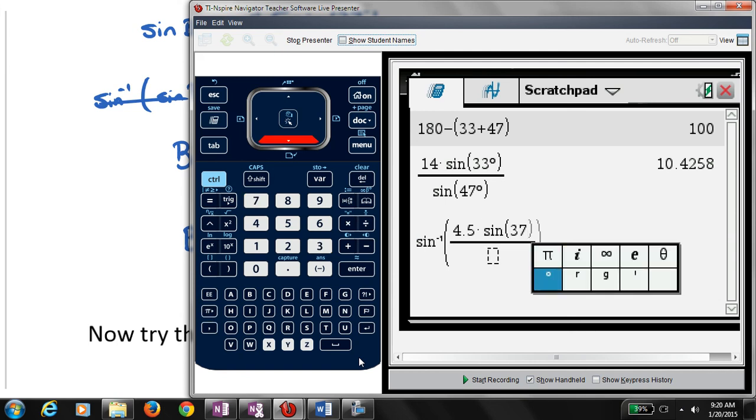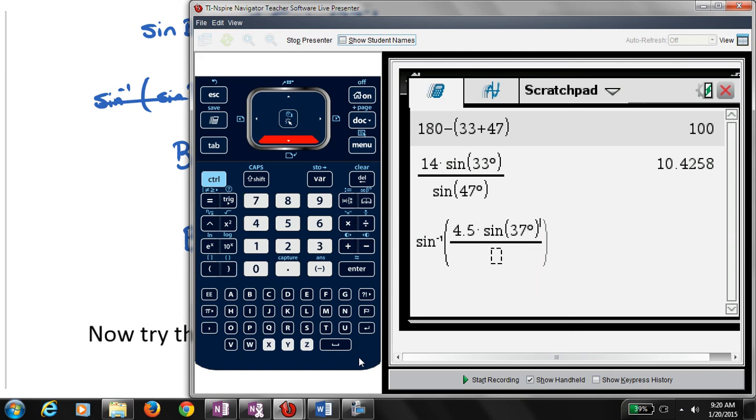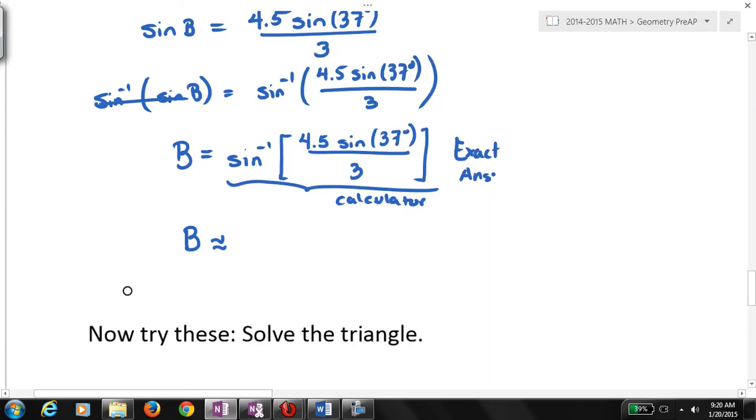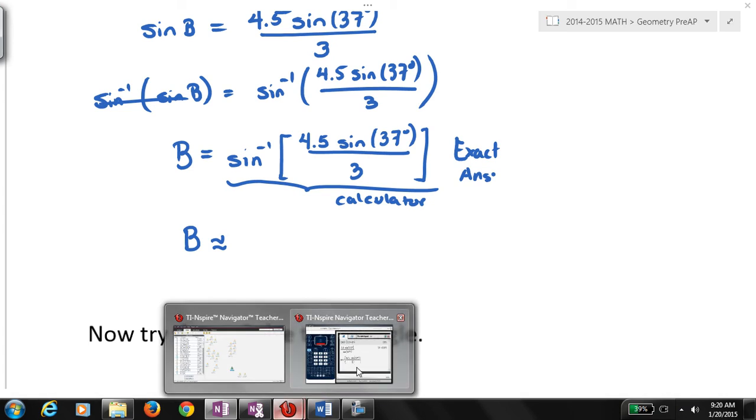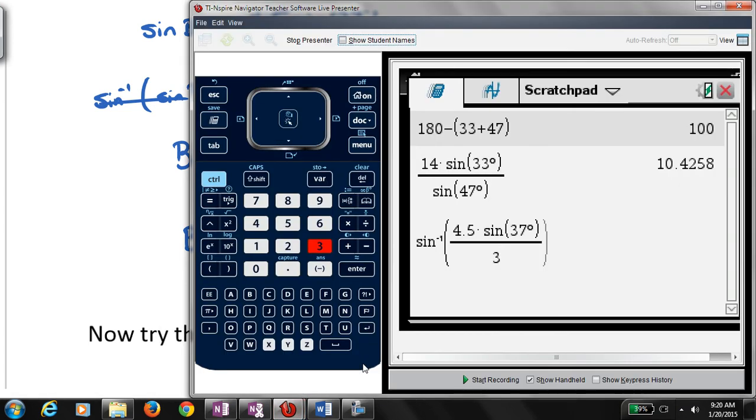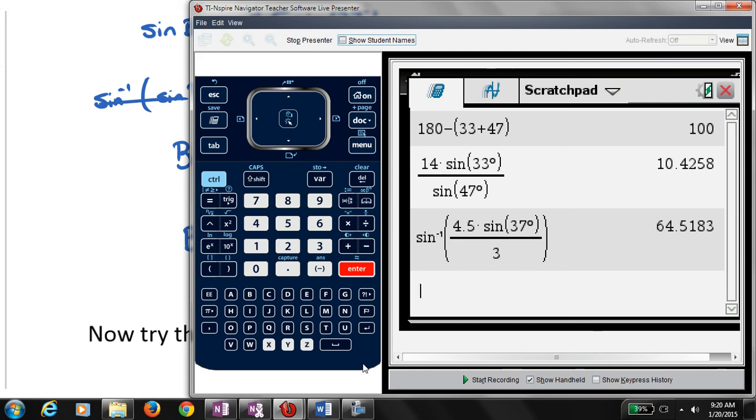If you want to be consistent, you can put the degree symbol, divided by 3. I'll hit enter, we get the approximation 64.5.